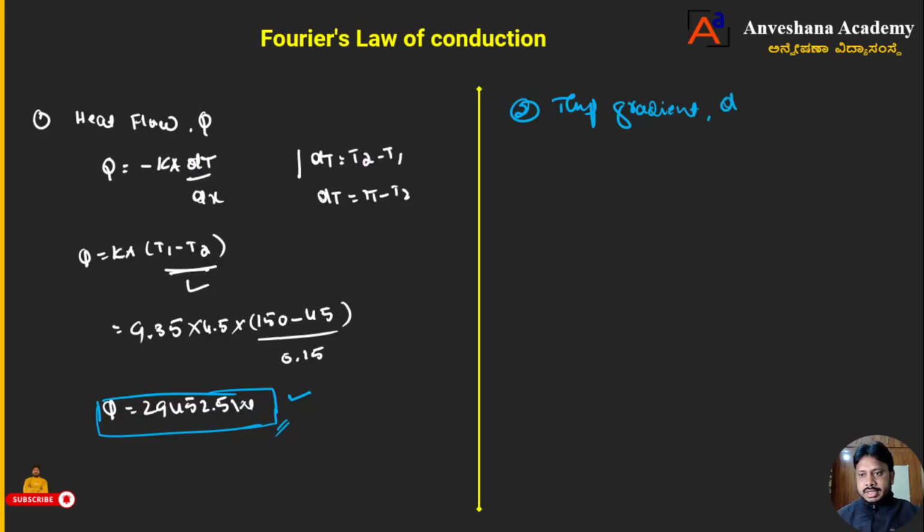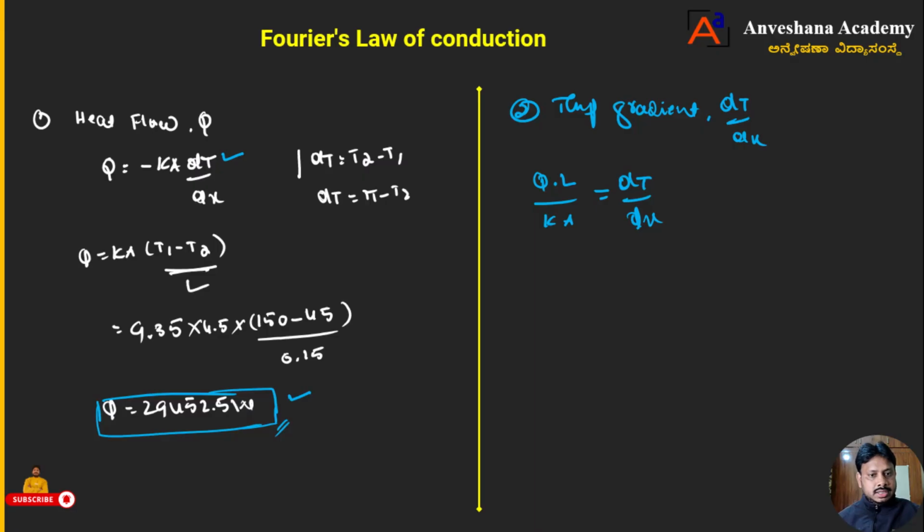Temperature gradient is represented by what? dT by dx. So what I can do here, dear students, I will try to modify this Fourier's law equation. Then Q into L divided by K into A is equal to dT by dx. The minus sign you will leave, because I will take T1 minus T2.